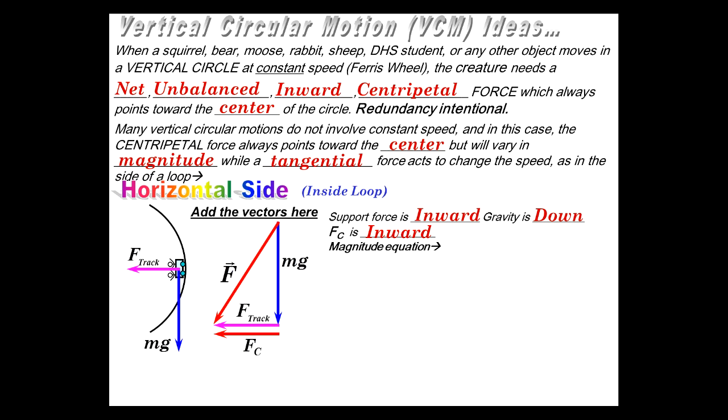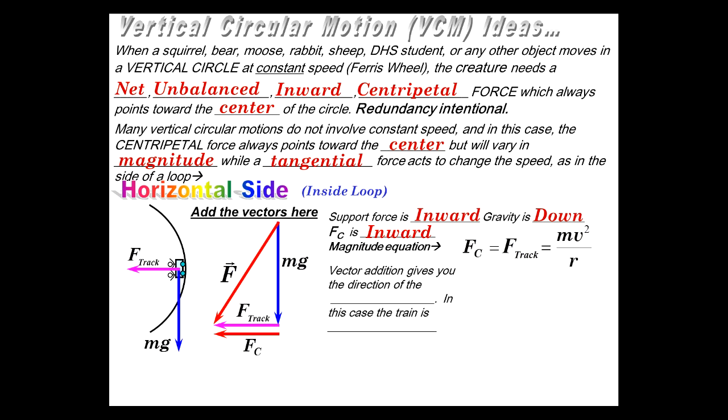So let's write the magnitude equation for this. The size of Fc is the track force, and that is mv squared over r, an equation for the centripetal force. The vector addition will give you the direction of the force and the acceleration.